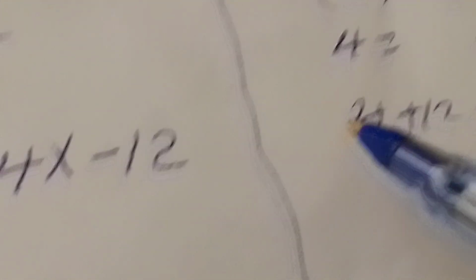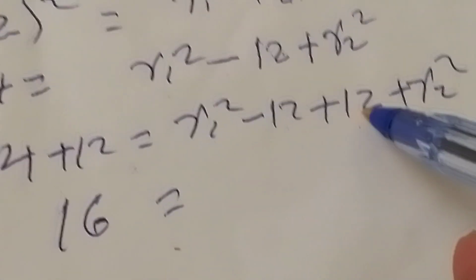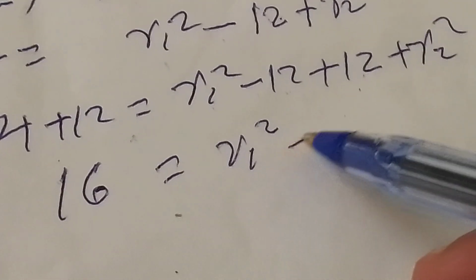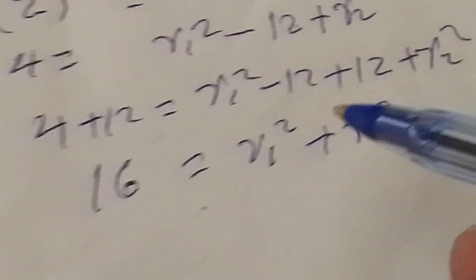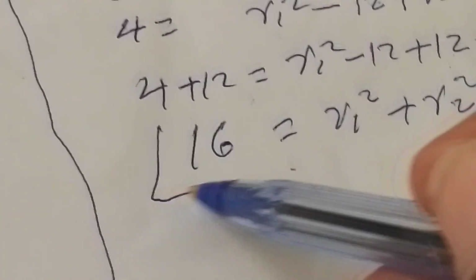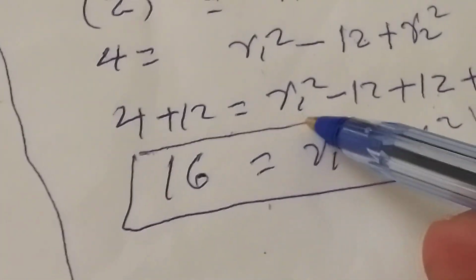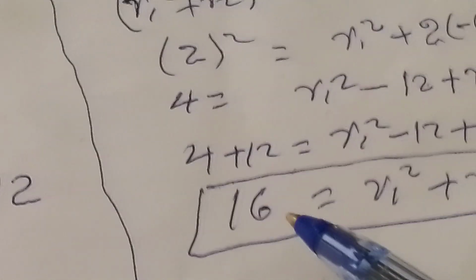So we have r1 square plus r2 square is 16.